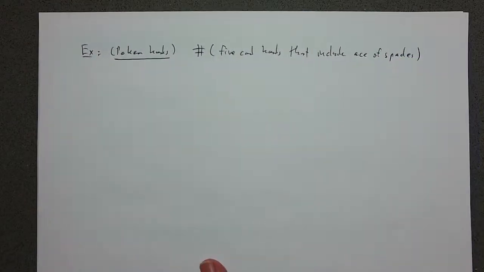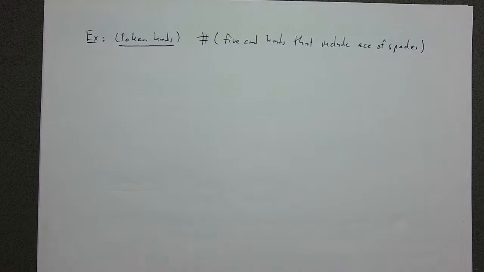We don't care about anything else, we just care that they include the ace of spades. So how do I do this? I want to know the number of ways to select 4 cards from the other 51 cards in the deck. That's really what I need to know.